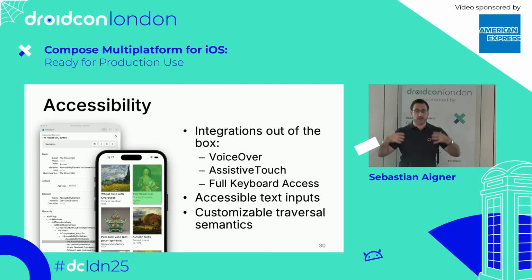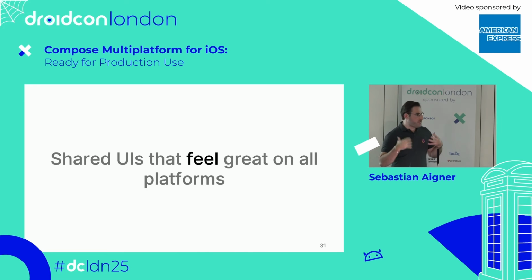All of these things are exposed as regular APIs for you, and they mimic the Android APIs as well. So you have the full capability of making sure that your apps feel great for everybody. So that's kind of the idea that I wanted to express when I said we want you to be able to build those great feeling applications.